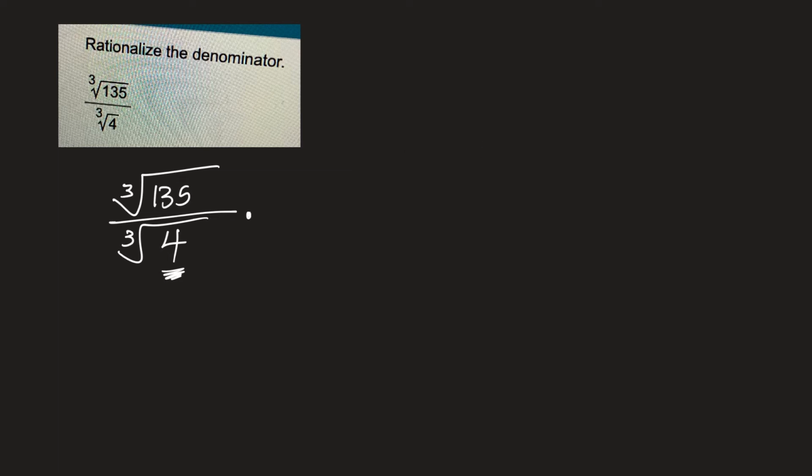If you have the cube root of something, say the cube root of 27, that's the same thing as the cube root of 3 times 3 times 3. That comes out even to 3. So I need a number like 27 that I can multiply 4 by to get. Now 27 is not going to be it, but let's look at all the ones that are available.